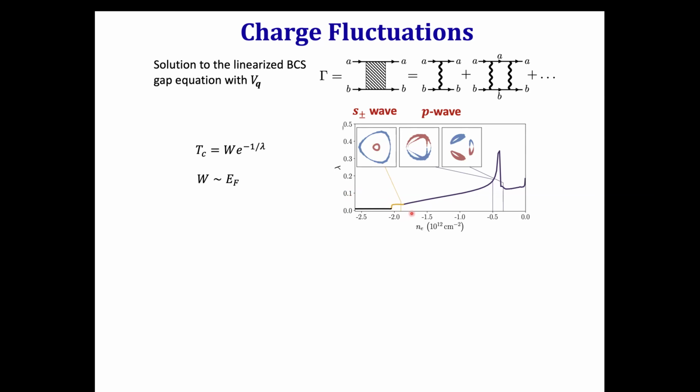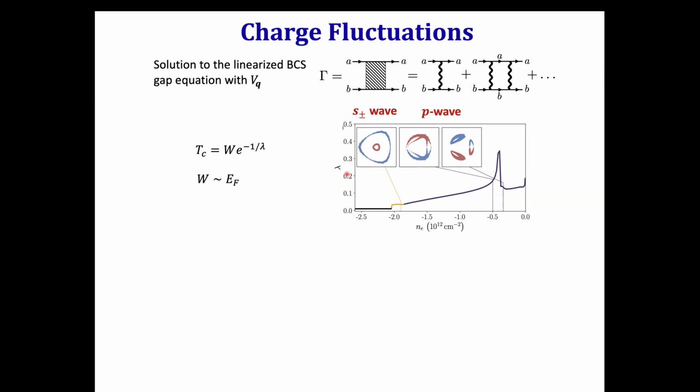It's still very, very small, but it has this jump. Okay, and then it increases monotonically as the outer Fermi surface shrinks and the inner Fermi surface expands. Okay, and this sharp peak over here is the Van Hove singularity. This is where they meet each other. There's a singularity of the density of states, and hence there's a large peak in TC.